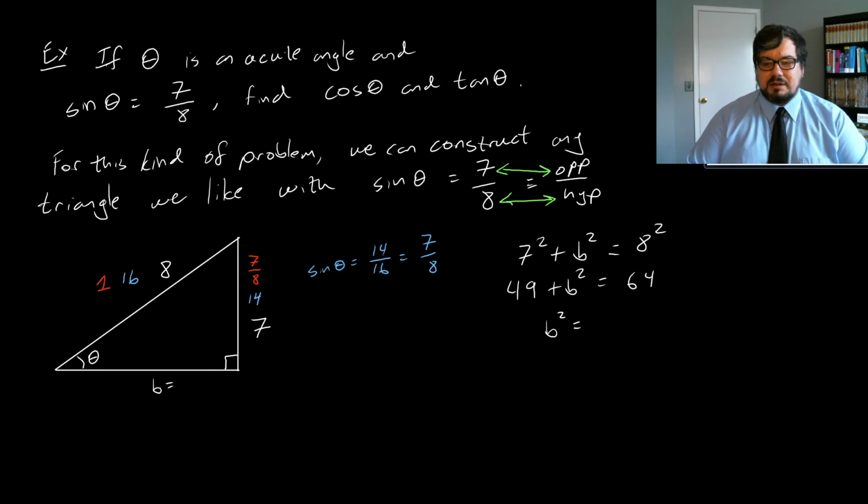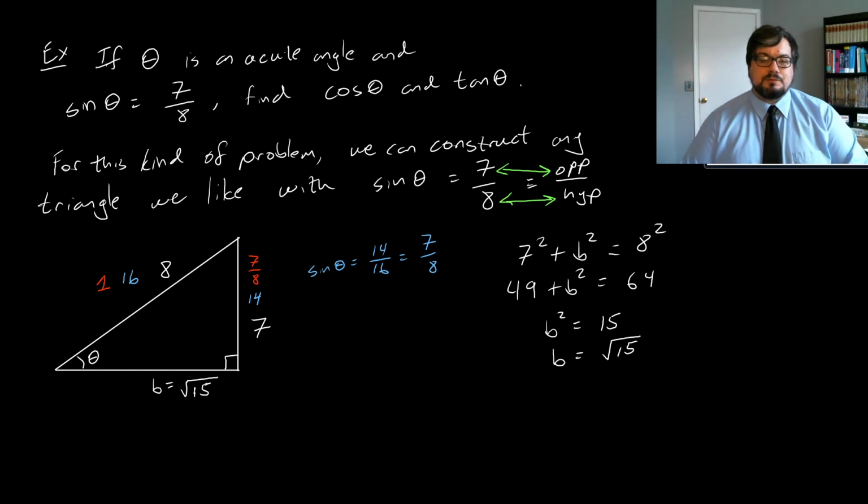And so b squared is equal to, subtracting 49 from both sides, 15. So b will be equal to the square root of 15. Therefore, we can figure out exactly what cosine and tangent are.